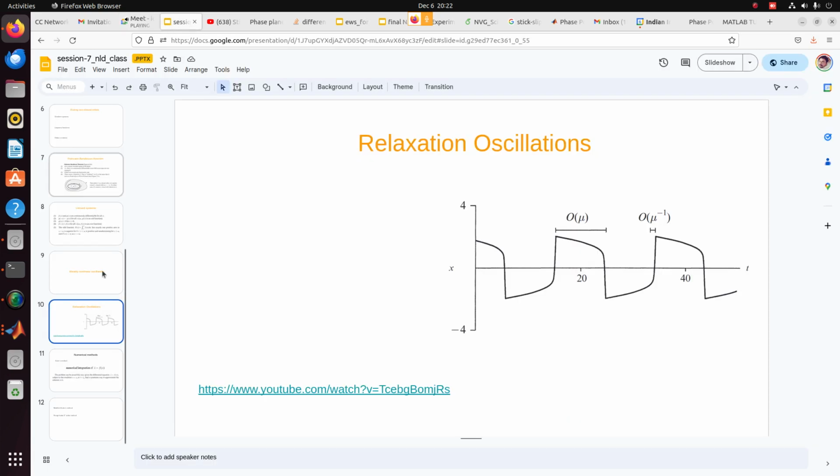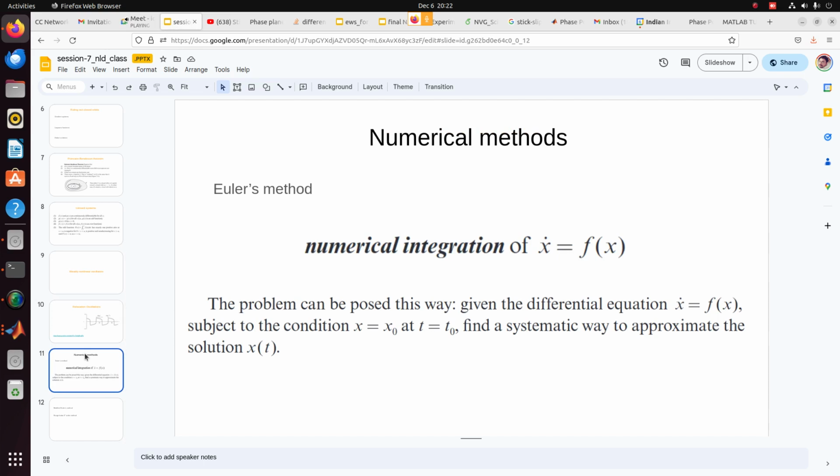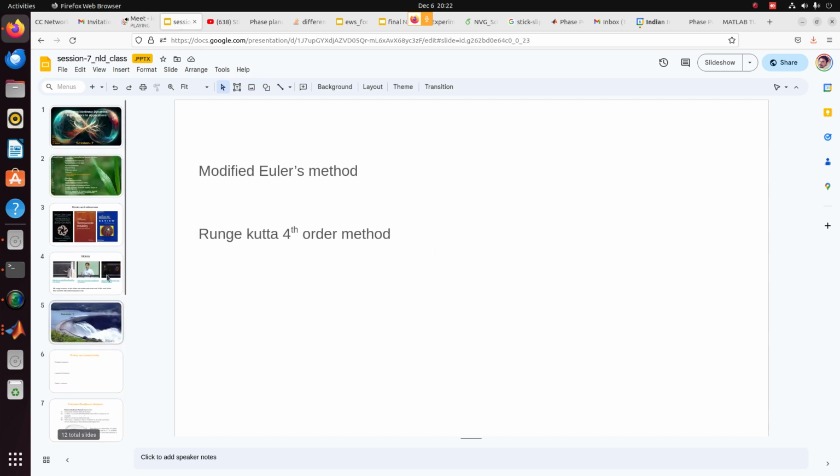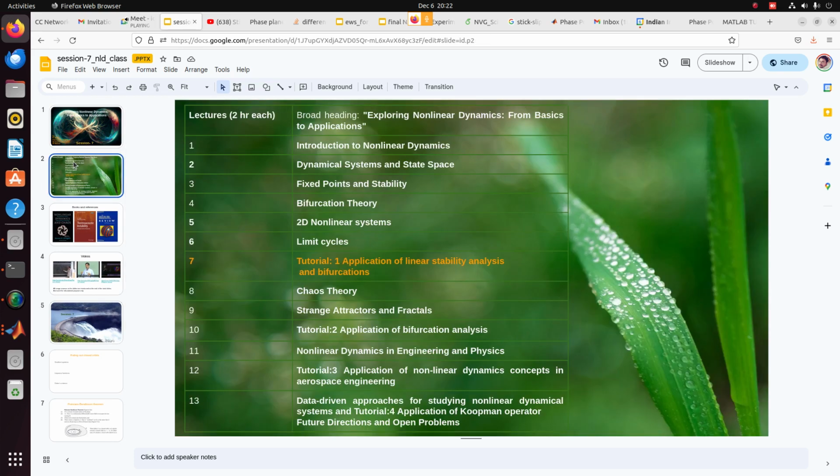So in session 7, we have completed the numerical methods and numerical integration, and we have seen the Runge-Kutta fourth order method. We will now move on in the next lecture to chaos theory, and before that I will discuss some of the 2D bifurcations which we need to know to understand some of the real world problems which we will discuss in future classes.